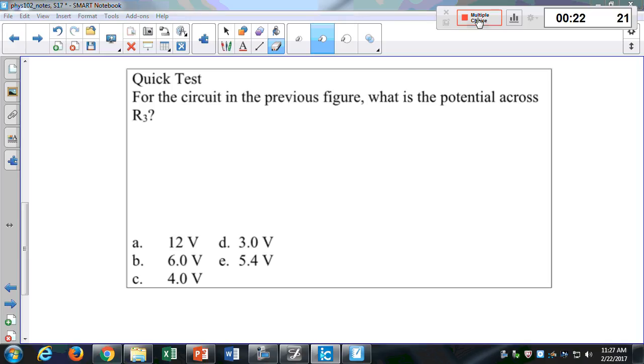Think about how your voltages are distributed across these resistors. Y'all doing pretty well. A handful of you still don't have the right answer, but feel free to ask your neighbor what they think.